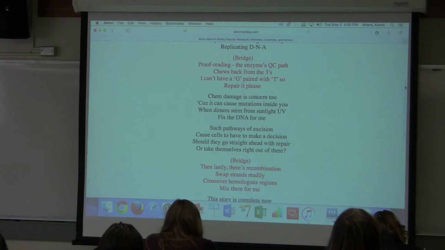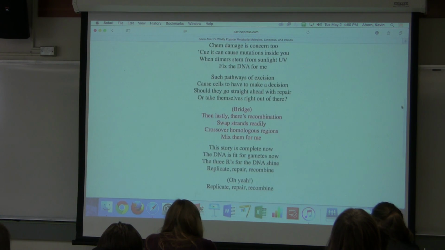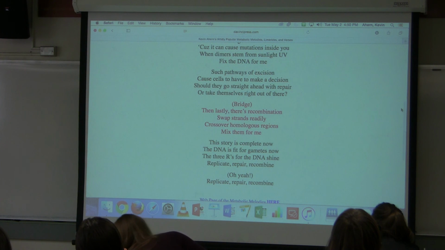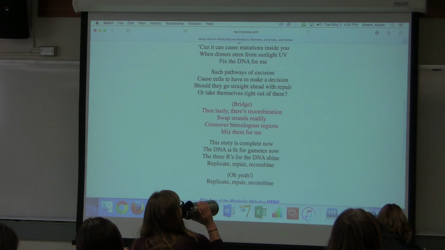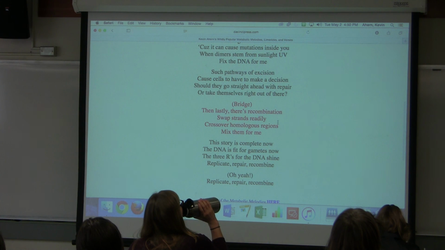Should they go straight ahead with repair, or take themselves right out of there? Then lastly, there's recombination. Swap strands readily. Crossover homology.